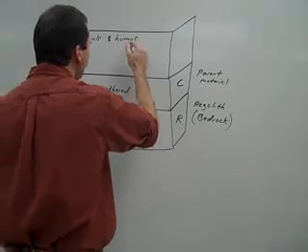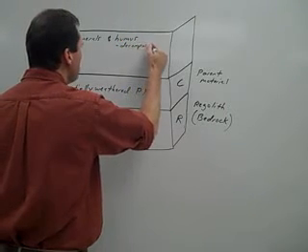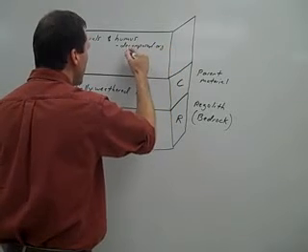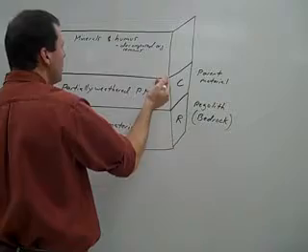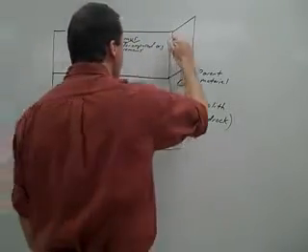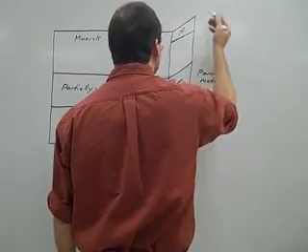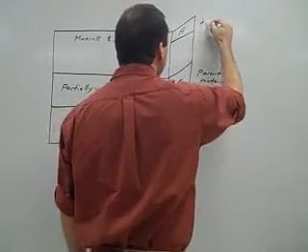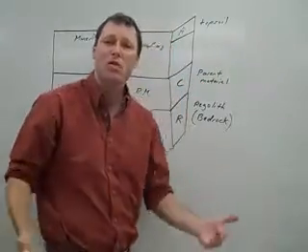Now humus is decomposed organic remains, decomposed material. That's what humus is. And that's going to be the A horizon. We're actually going to call that the A horizon, or our topsoil, because it's the topmost soil.